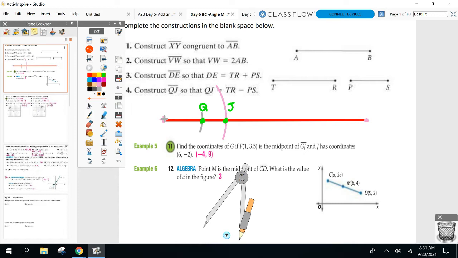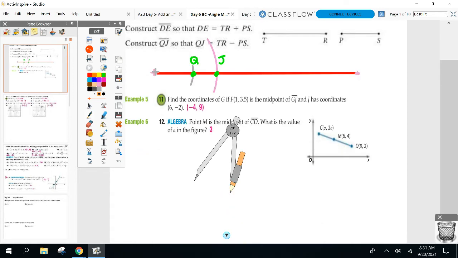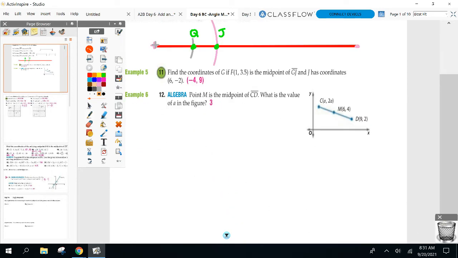Okay. How about the actual midpoint stuff in the textbook? Can I go over any of those problems right now? Number 11. Find the coordinates. So I'm done with constructions, I can put that in the trash.